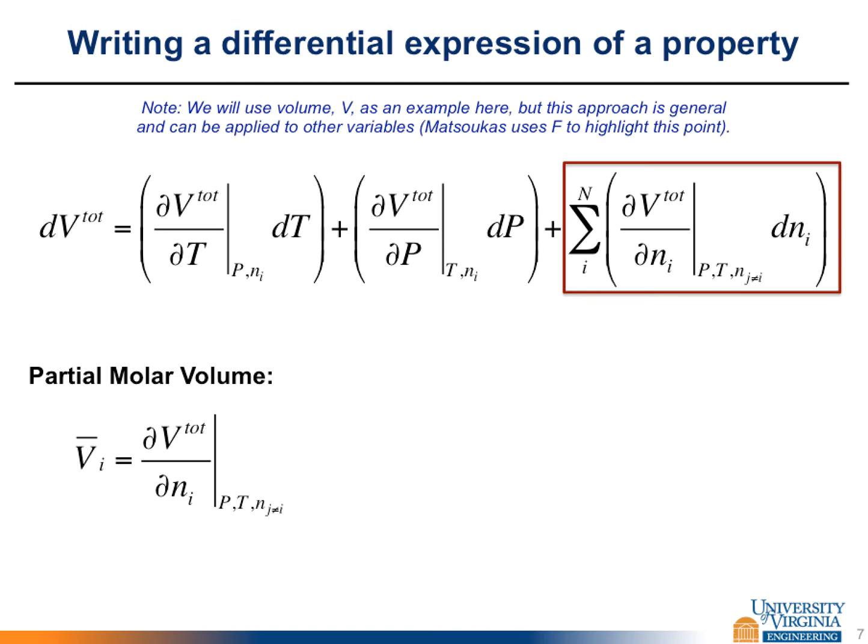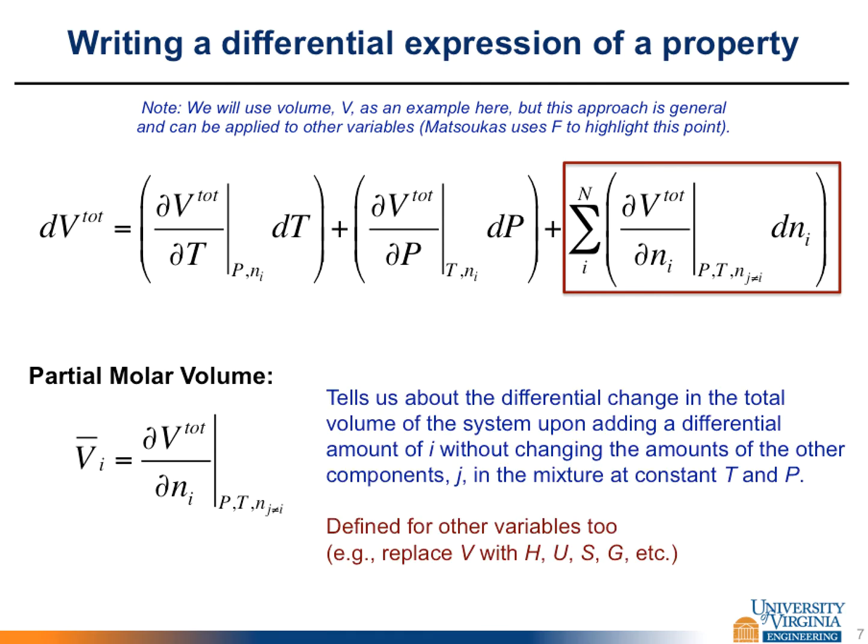But as we'll see, other partial molar properties, such as partial molar enthalpy or partial molar Gibbs free energy, are also really important in terms of thermodynamics. And so the partial molar properties can be defined for a number of other variables as well, and so we'll see how we can replace V with H or G in particular, but we could do this for other properties as well.